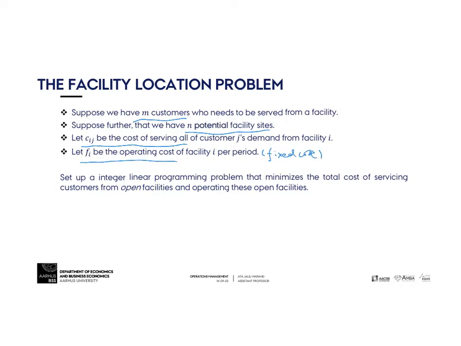Now we would like to set up an integer linear programming model to minimize the total cost of serving customers and of opening and operating these facilities. So it's the decision of how many and which facilities to open.